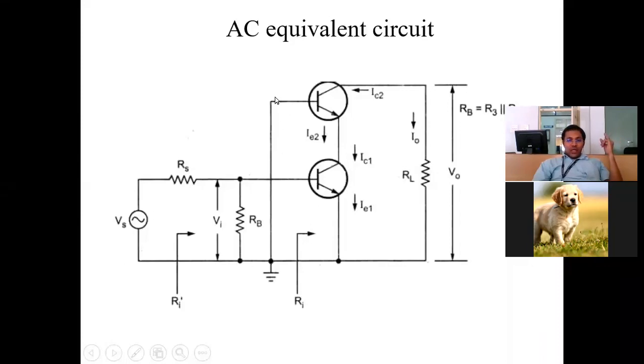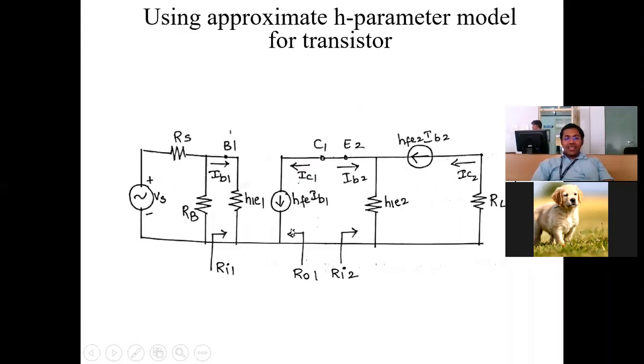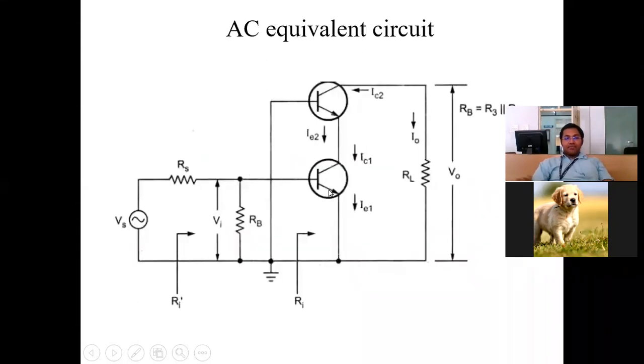Next, B2, E2, C2. 1 for one transistor, 2 for the second transistor. Let us name like that so that you avoid confusion. So between B1 and E1, between the base terminal and emitter terminal of the first transistor, we have HIE.